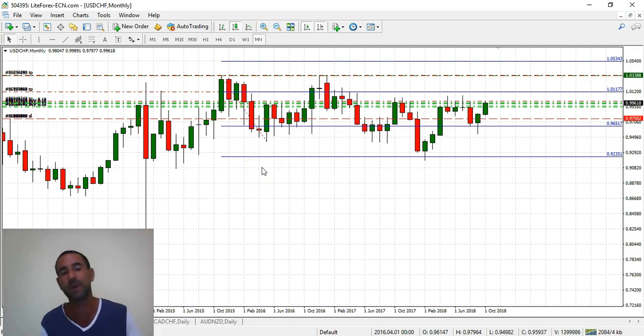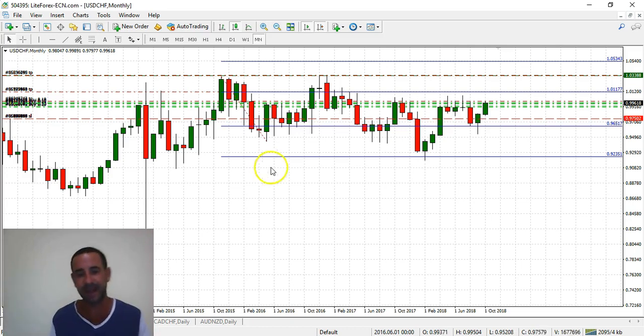Now, I'm not saying I was starting to look at that trading range back in 2015. Of course not. Every trading range has to have at least 2 to 3 legs in place to be considered a fairly established trading range. Only then can I start acting upon it.